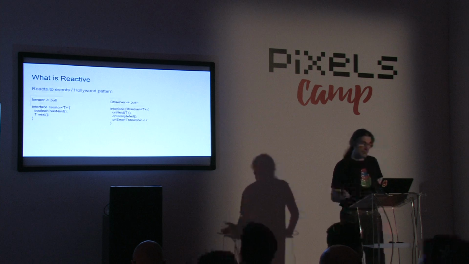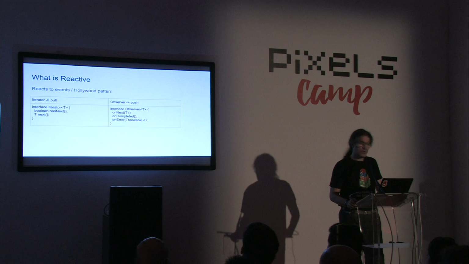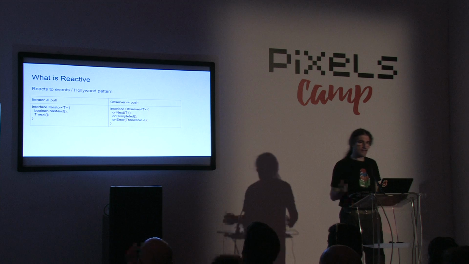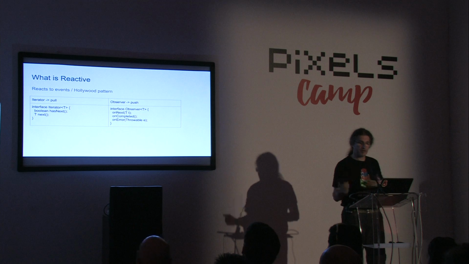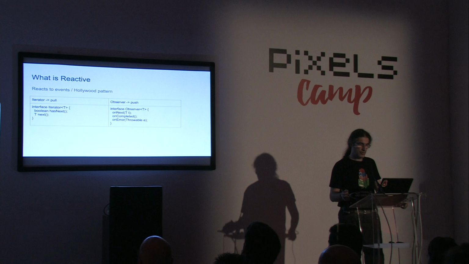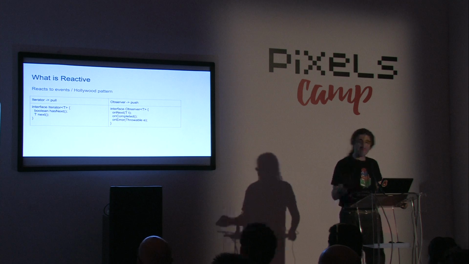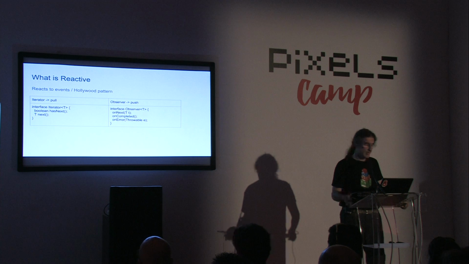And then we move on to what's reactive. Basically, reactive reacts to events. And it's kind of the dual of having a pull system or a push system. When you have a collection, you usually have an iterator, and the iterator has a hasNext method and a next method.